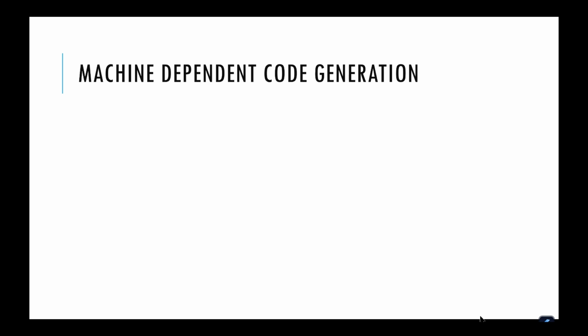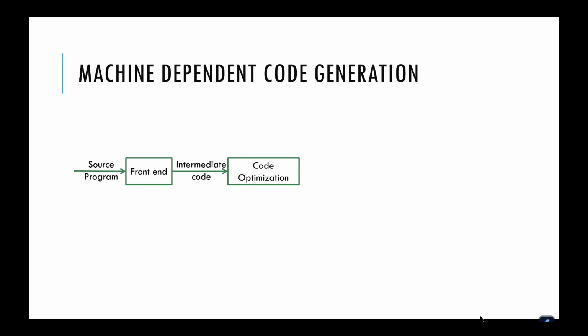The position of code generation in the compilation process is illustrated like this. First, the source program is sent to the front end. The front end gives the output as intermediate code. That intermediate code is input to the code optimization. Again, the code optimization provides the intermediate code with some modifications, which is given to the code generator.